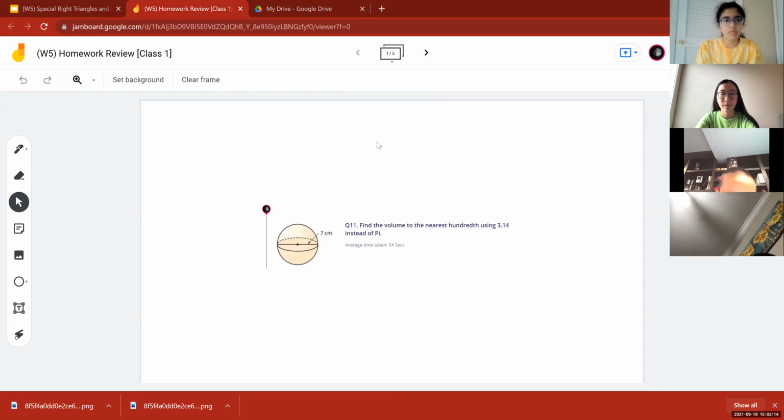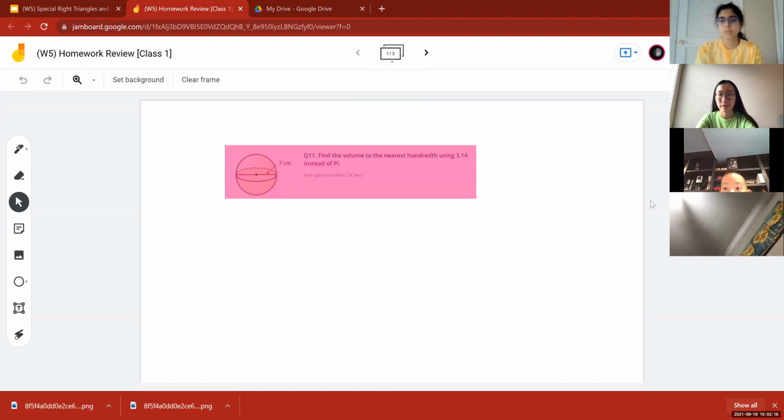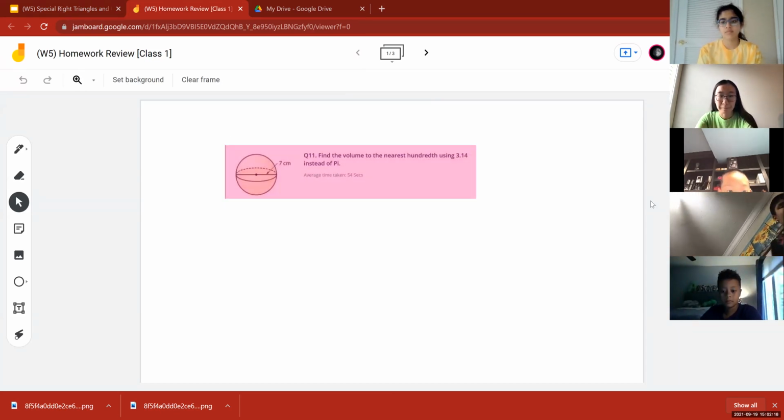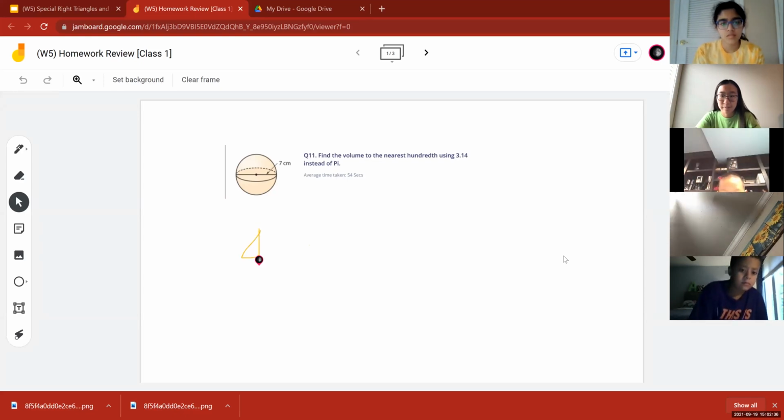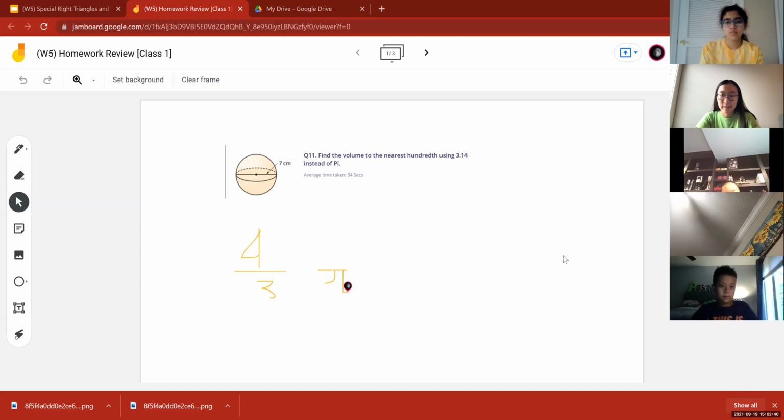Okay, so one of the problems that was commonly missed was this problem: find the volume to the nearest hundredths using 3.14 instead of pi. First we need to remember what the equation for the volume of a sphere is. That would be 4/3 pi radius cubed.